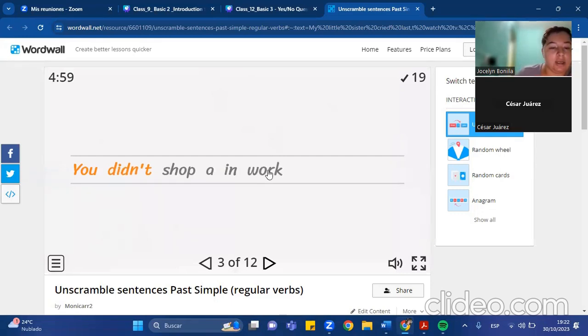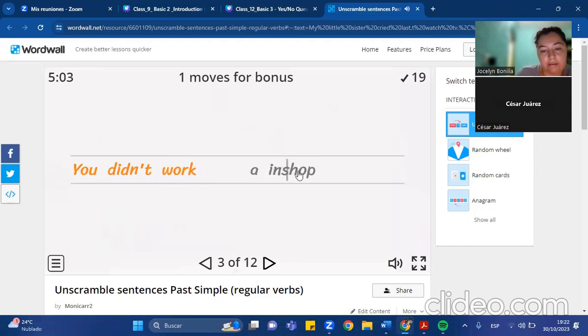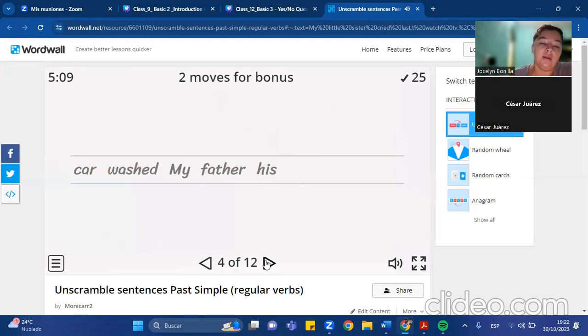Yes, work in a shop. Tú no trabajaste en una tienda. In a shop. Good. Sí. Okay. Confundí tienda con comprar. Yes, I thought that. Because comprar is buy. No worries, Cesar. Okay, what about this one?